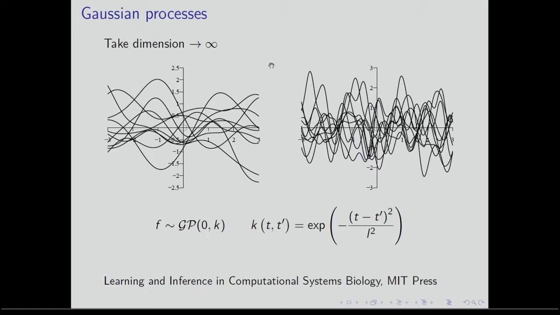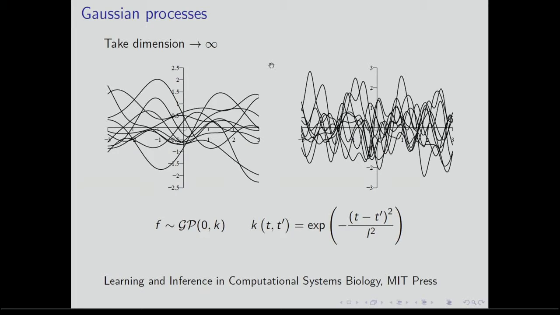These particular curves were sampled from this covariance function. And so this particular covariance function generates smooth, infinitely differentiable analytic functions which are marginally Gaussian. So it means that if you look at a particular index, the values you get for this function follow a Gaussian distribution.